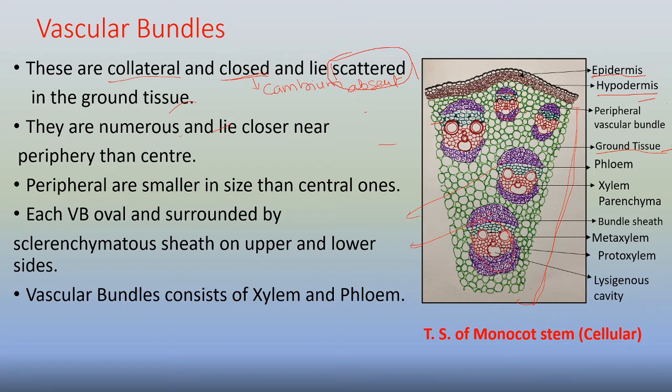Then the size of the peripheral vascular bundles, that is vascular bundles present towards the periphery, they are smaller in size as compared to the vascular bundles which are present in the center. And next important thing is presence of the sclerenchymatous patches on the upper and lower side of each vascular bundle.